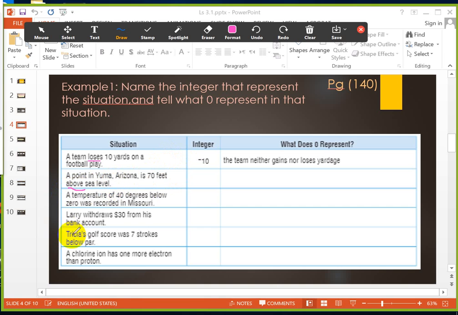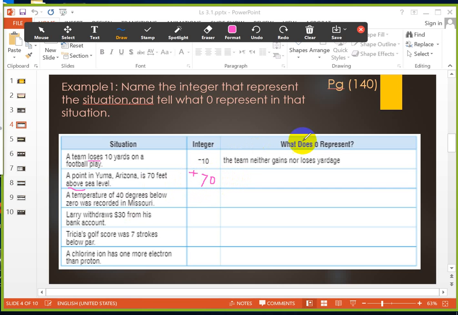Is this a positive quantity or negative? Thank you, Lena. Your answer is correct. Thank you, Maria. So this is a positive quantity because the point is above sea level. To represent this, I have to use a positive quantity, that means positive 7.